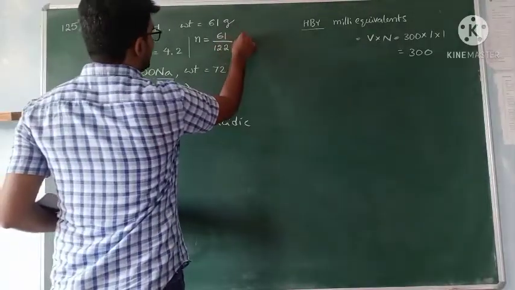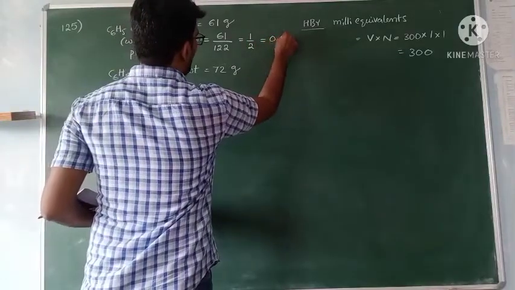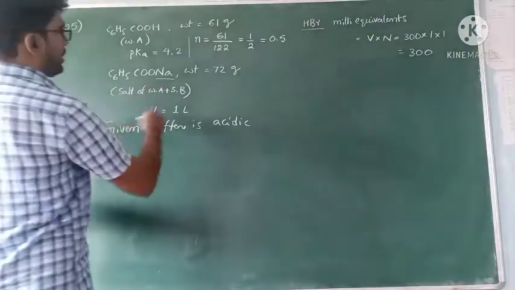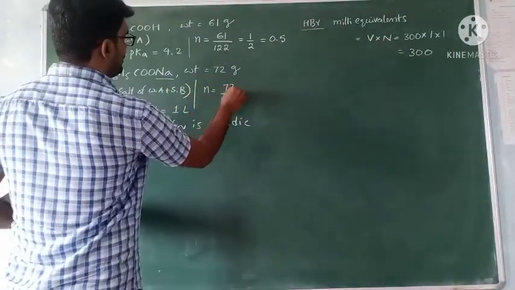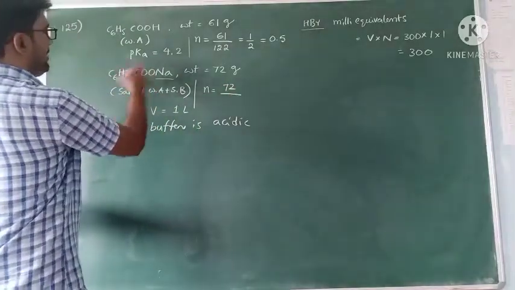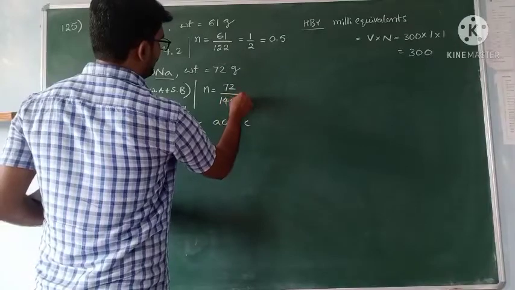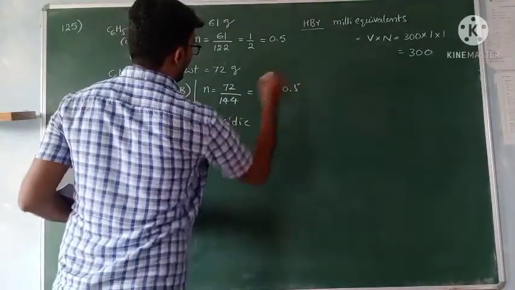So 61 by 122 is 1 by 2, which means 0.5. Now calculate the salt number of moles: n is equal to 72 by sodium benzoate molecular weight, which is 144. So this is also 1 by 2, 0.5.